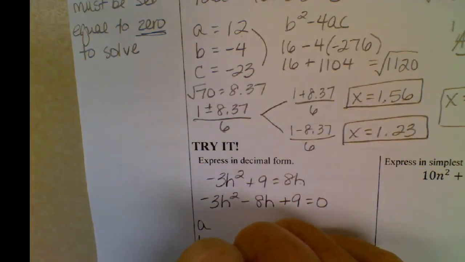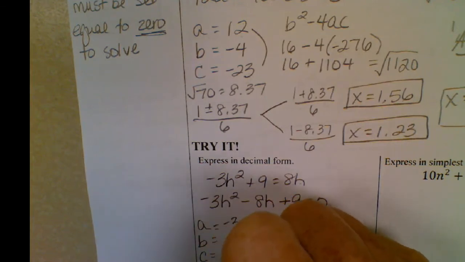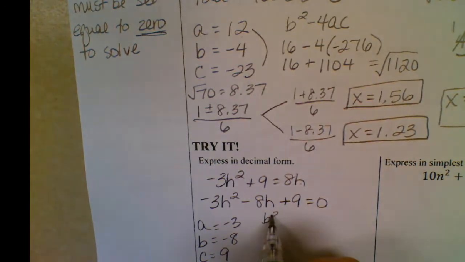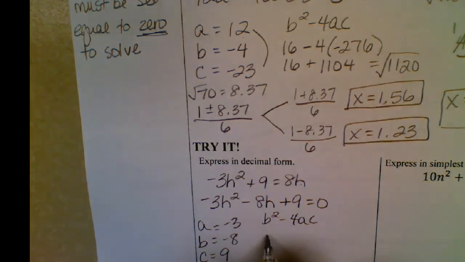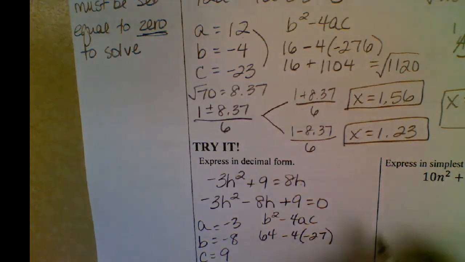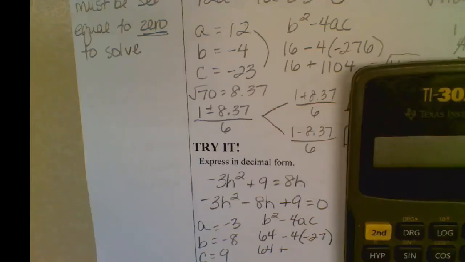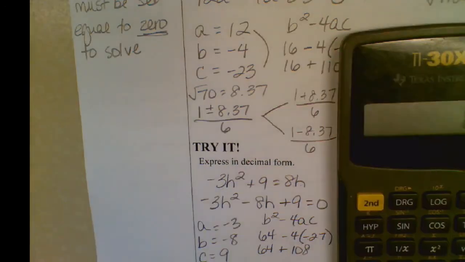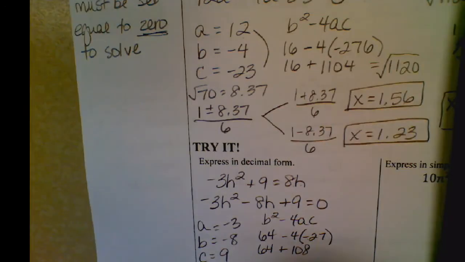Now I can pull out my a, b, c values, which are negative 3, negative 8, and 9. And I can find my discriminant. So I would get b squared would be 64 minus 4 times 9 times negative 3 is negative 27. So I would get 64 plus, because negative times a negative is positive, 27 times 4 is 108, plus 64 is 172.